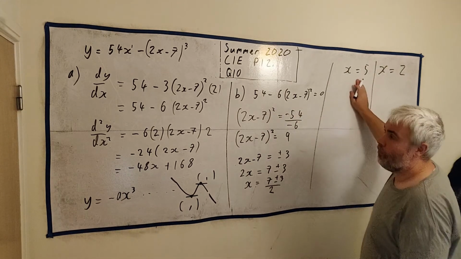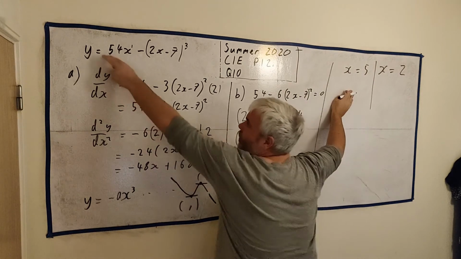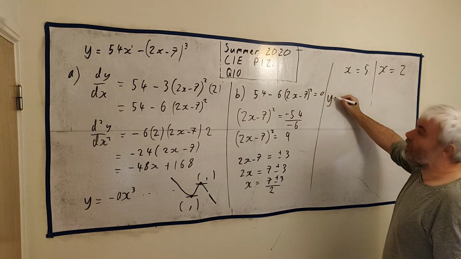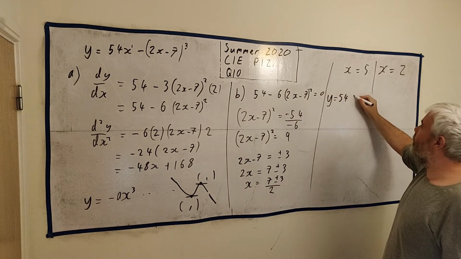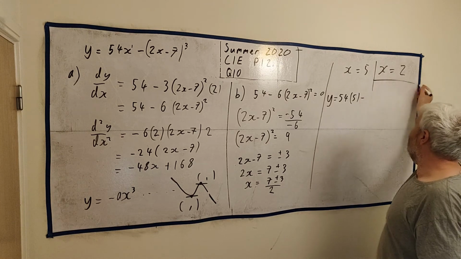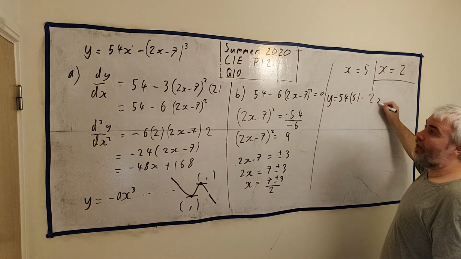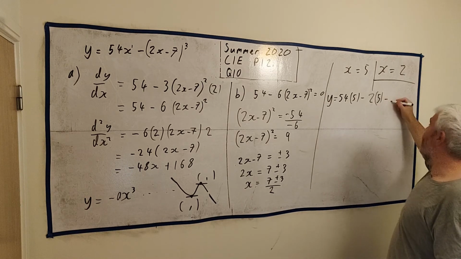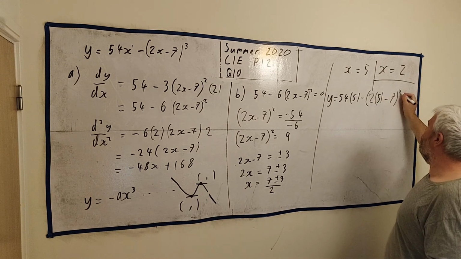So you need to put these numbers back into this, up here, y equals, because we know what y equals. y is equal to 54 multiplied by 5 minus, I'm going to run out of room here, minus (2 times 5 minus 7) all to the power of 3.